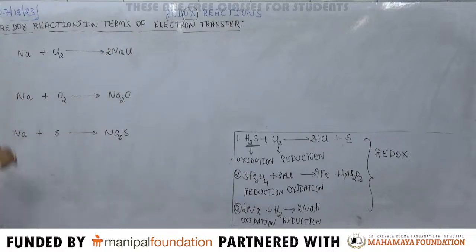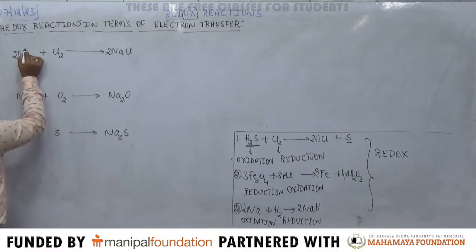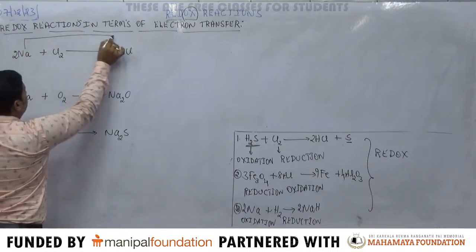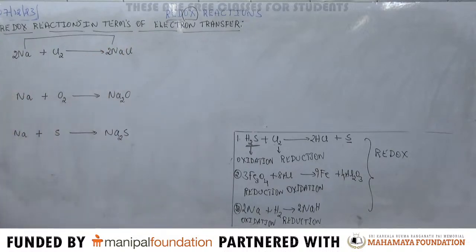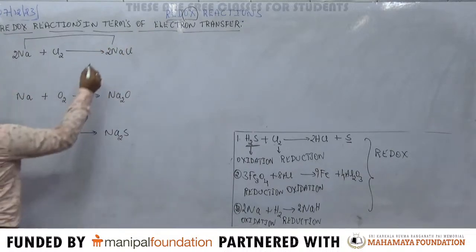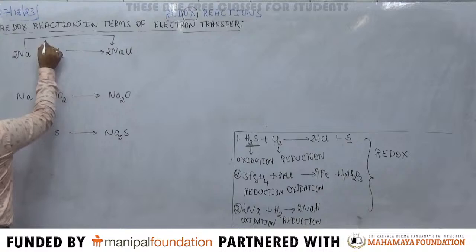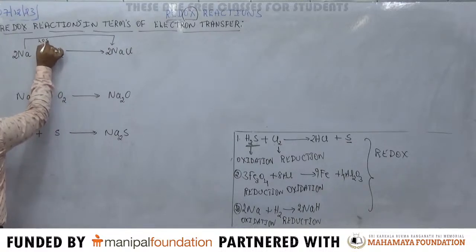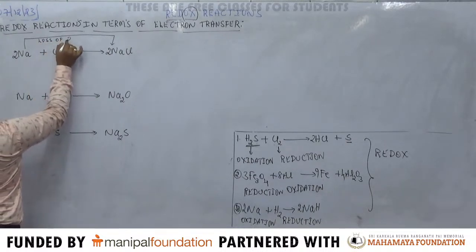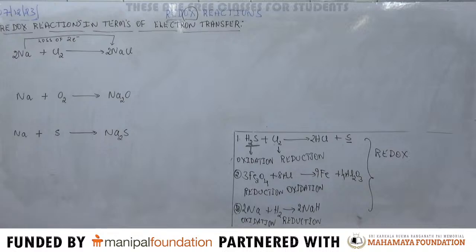So the chlorine is balanced, 2 Na, right? Now here Na to 2 NaCl, I'll write loss of 2 electrons.